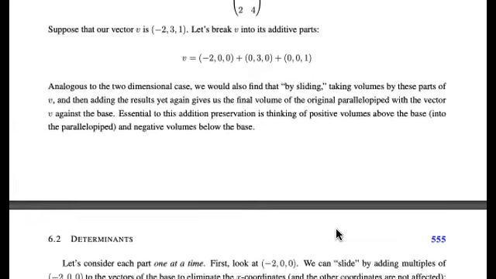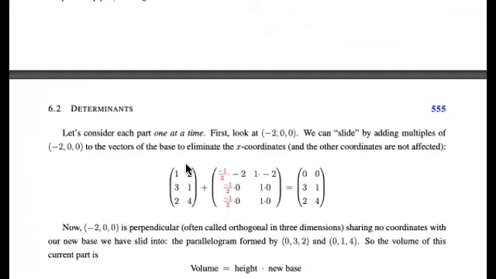Let's think about how we slide here. So here's our base, and here's our vector coming off of it. What we can do is slide one part or another, the base or this vector or any other vector in here, as long as we use the idea of sliding, that we take a multiple of one vector that we're considering and add it to the others.